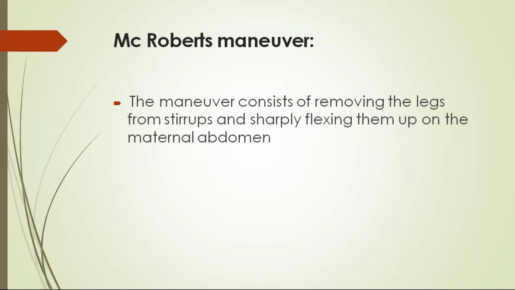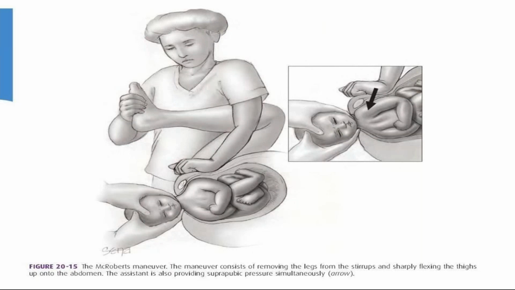We routinely use McRoberts for shoulder dystocia. There are other maneuvers which we can try if it fails. This is a McRoberts maneuver. See, the assistant is flexing the legs of the mother to the abdomen, and also giving suprapubic pressure.